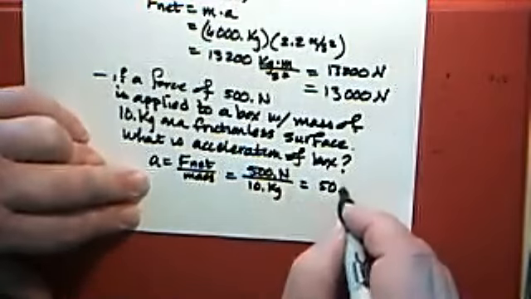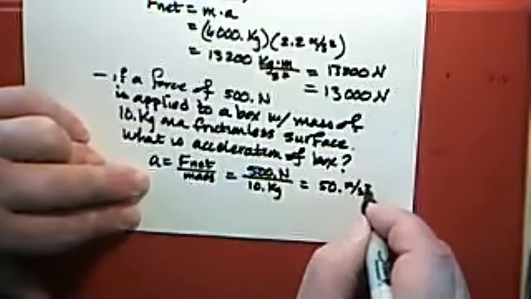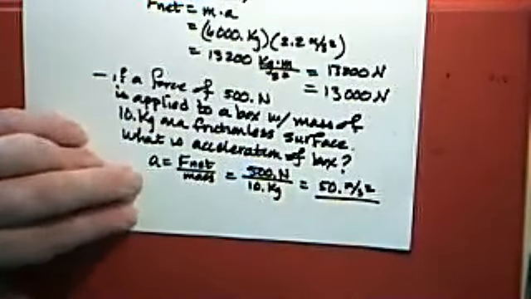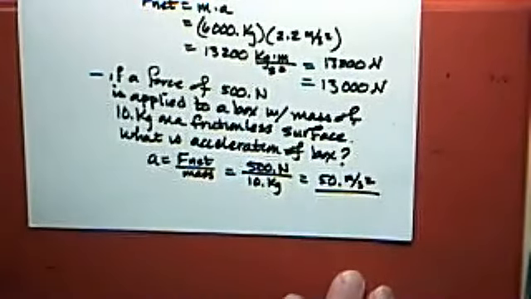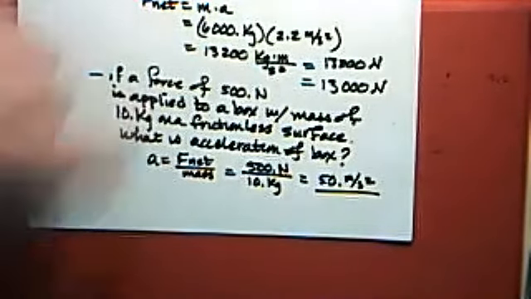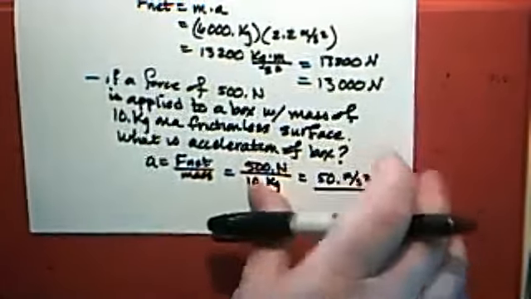Newtons divided by kilograms would be meters per second squared. Okay, so that's pretty fast acceleration. About 500 newtons is quite a bit of force to put on a box that only weighs 10 kilograms. Normally, you wouldn't get acceleration anywhere near that because of friction. But like I said, in ideal situations like this, we often ignore things like friction.